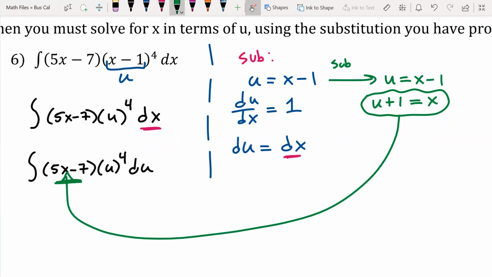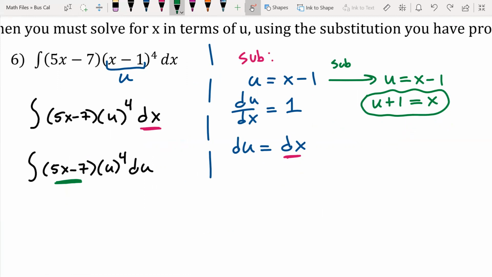And when we do that, this will put the integral all in terms of u. So let me show you. We now have the integral of 5 times u plus 1 minus 7 times u to the 4th du.